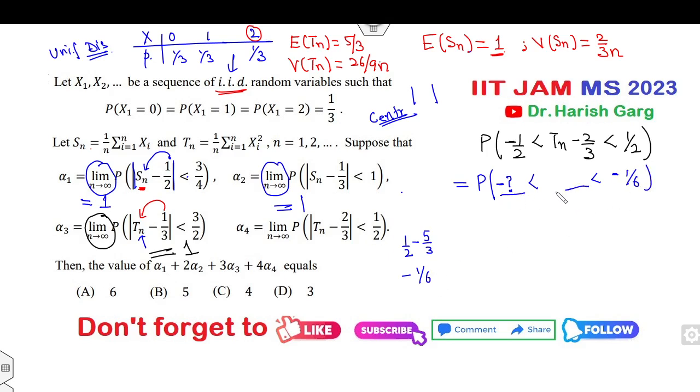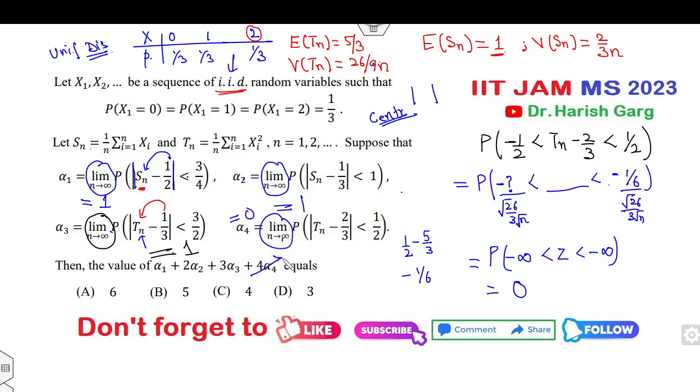If you divide it again by root 26 over 3 root n, and take n approaches infinity, this limit is minus infinity, this limit is again minus infinity. So what is the answer of this? 0. So alpha 1, alpha 2, alpha 3 are 1 and alpha 4 is 0. So what is the right answer? 6 is the correct answer of this problem.